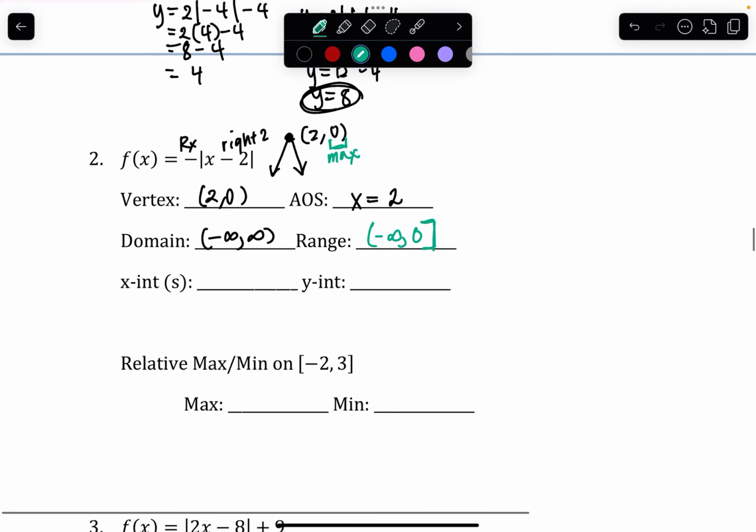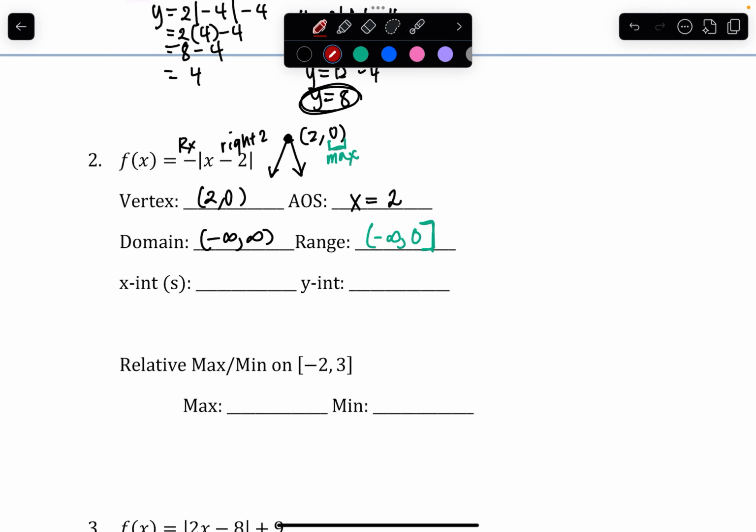Okay, and so to find the x-intercept, we plug in 0 for x. And then we have to solve. And so first thing, this negative is technically a -1. And so our first step would be to divide by -1, and 0 divided by anything is still 0.